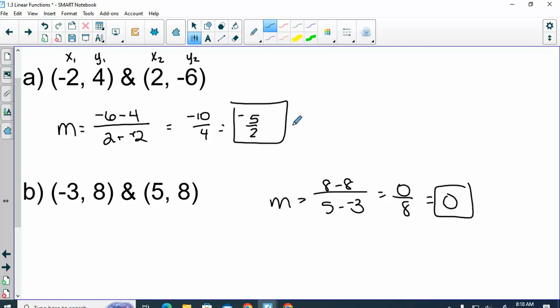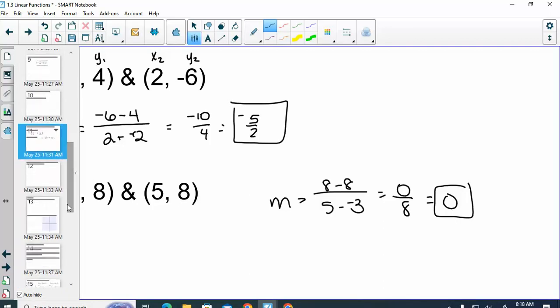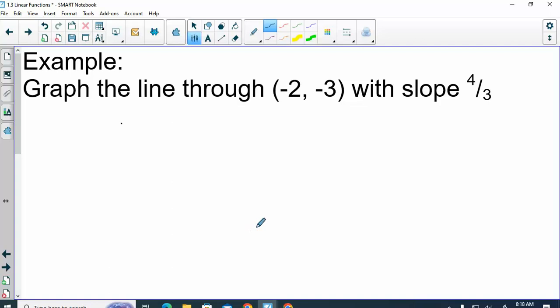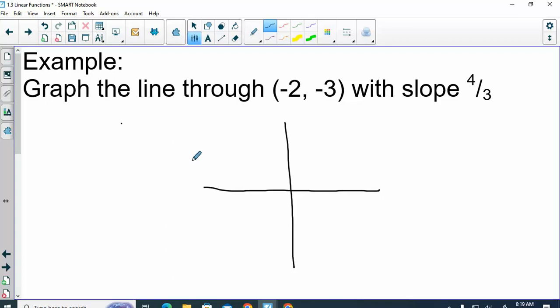When you have a point and the slope, that's all you really need to graph the line. So we were graphing them from the equation if it was y equals mx plus b form. But we don't technically have to have the full equation. If I asked you to graph a line through the point negative 2, negative 3 with a slope of 4/3, how would I graph that?